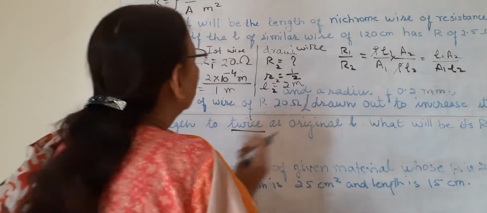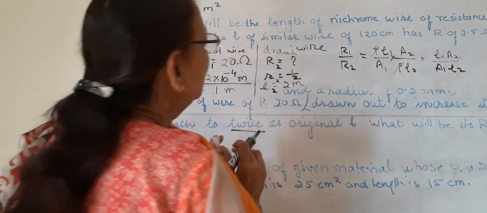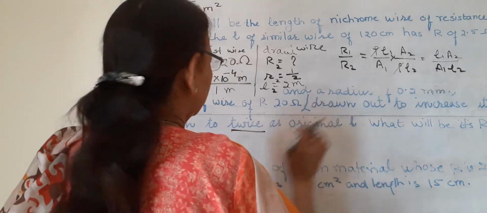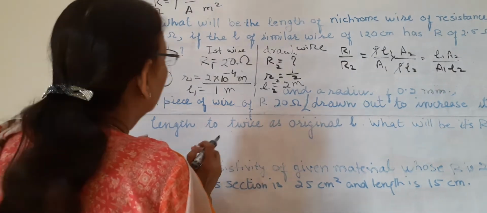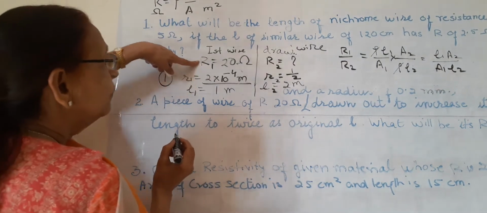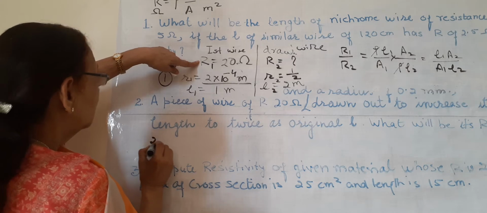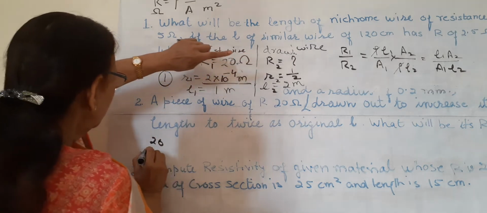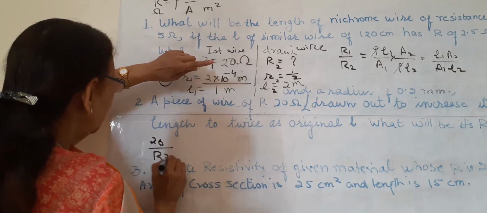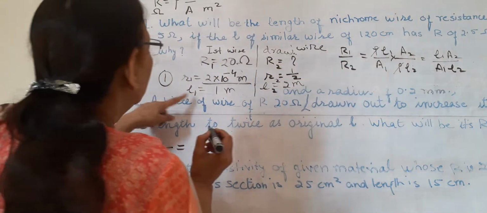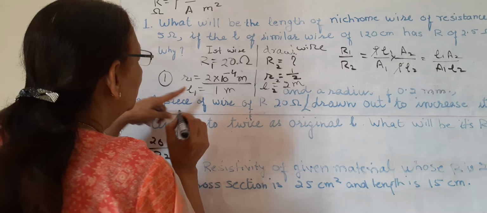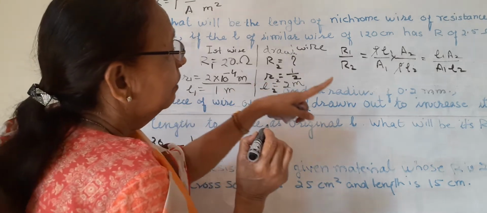Put the data here. So what is, I am writing here, what is R1? R1 is 20. What is R2? R2 is to be calculated. What is L1? L1 is suppose 1 meter.